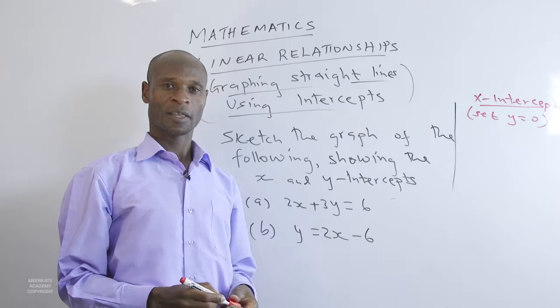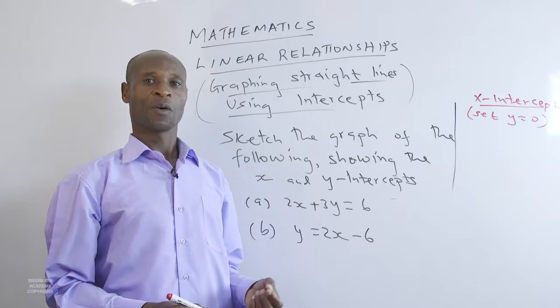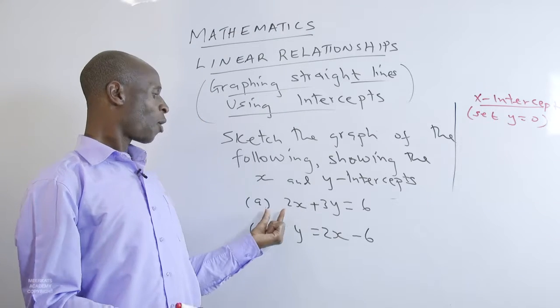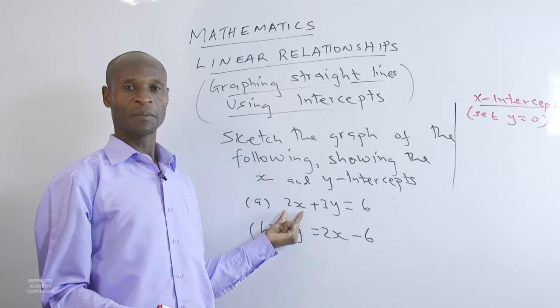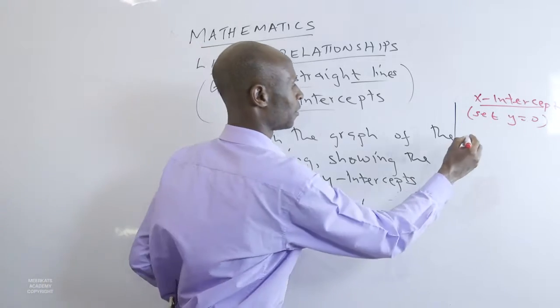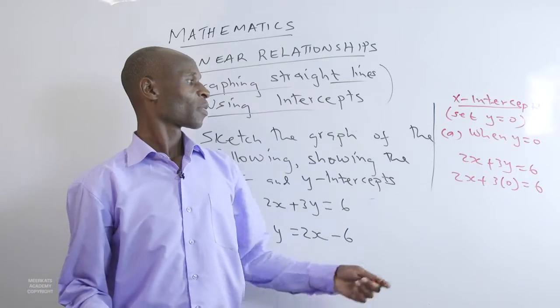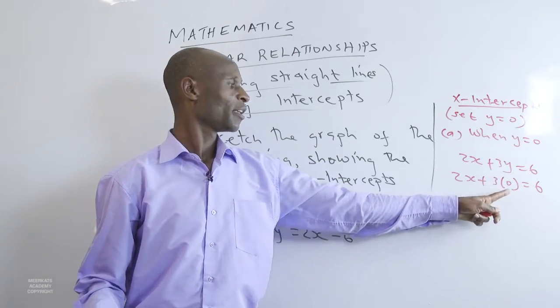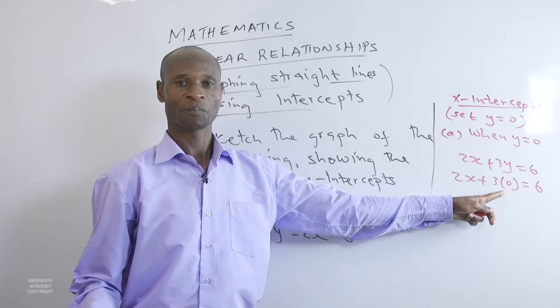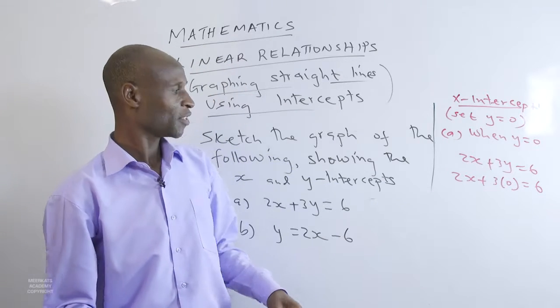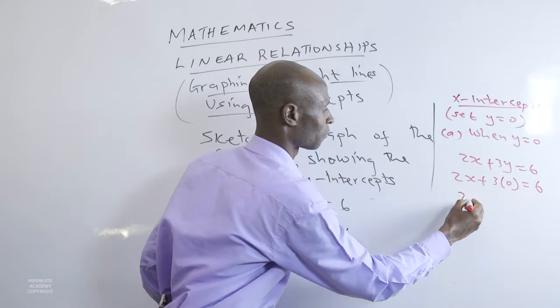Once we set the Y coordinate as 0, we now substitute in our linear relation in part A. That is, where there is Y, we substitute with a 0. And that leaves us with this solution.